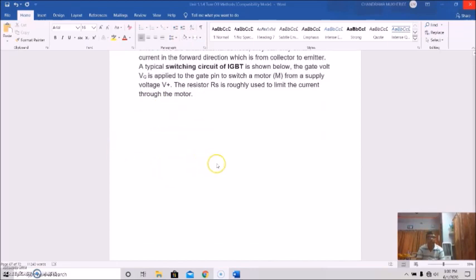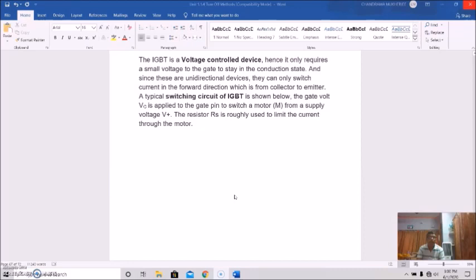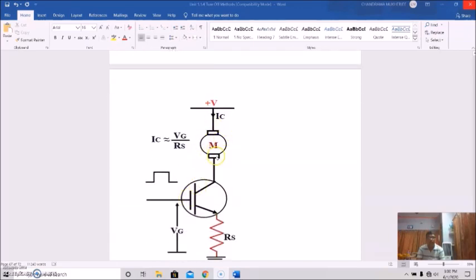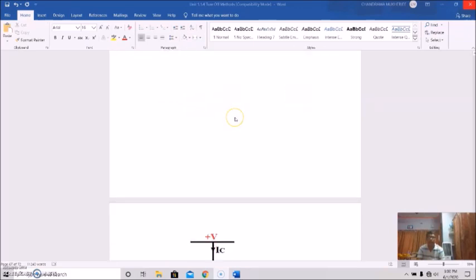A typical switching circuit is shown here. The gate voltage VG is applied to the gate pin to switch a motor. This is the motor, M, for which we apply a positive voltage V. The resistor RS is used to limit the current to the motor.